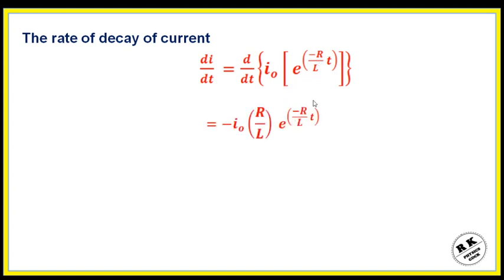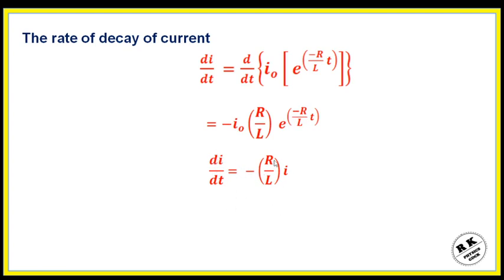What do we do to find the rate of decay? Yes, we will differentiate the instantaneous value. The instantaneous value is I is equal to I naught times e exponential of minus Rt by L. On differentiation, this minus R by L comes as a multiple. After rearranging the terms, I naught times e power minus Rt by L can be written as I. So it can be written like this.